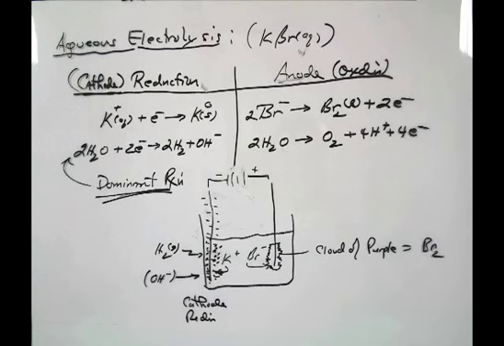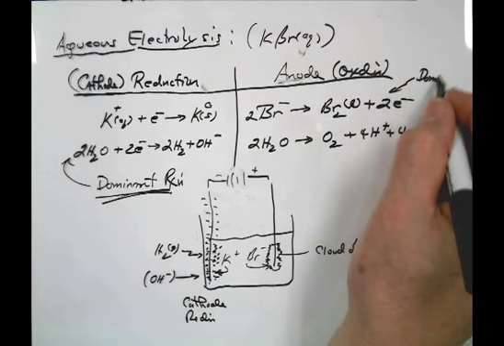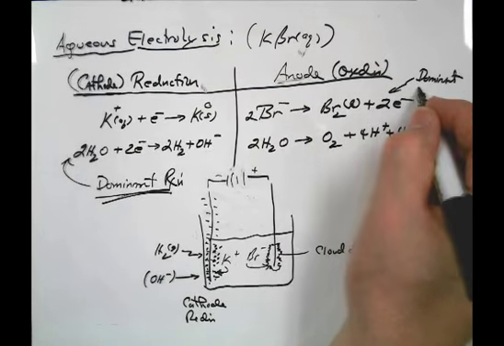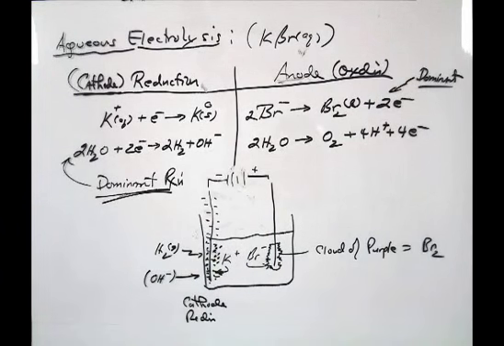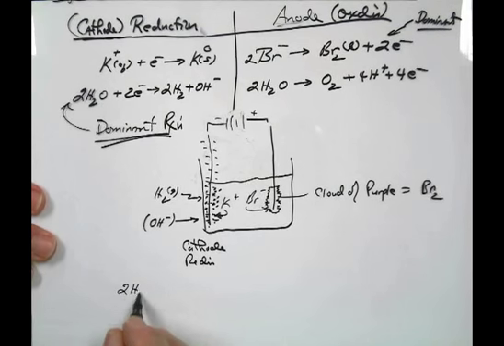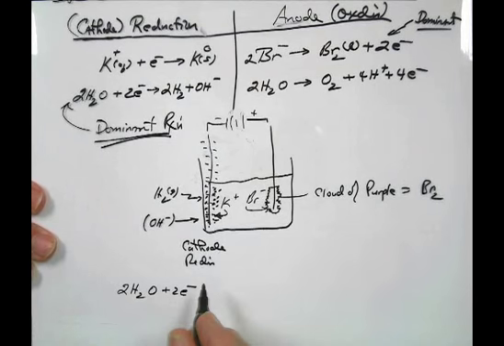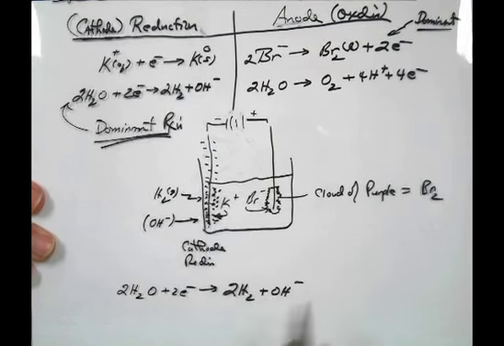So from an experimental observation standpoint, the dominant reactions are the bromine reactions and the water reactions. So when you construct the net cell reaction, you add those two reactions together to get your net cell reaction in this one case.